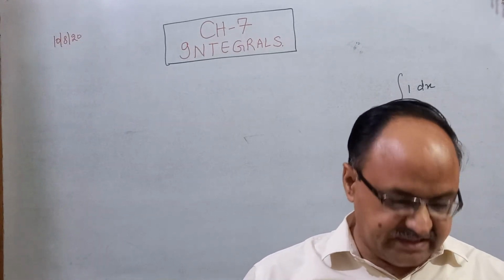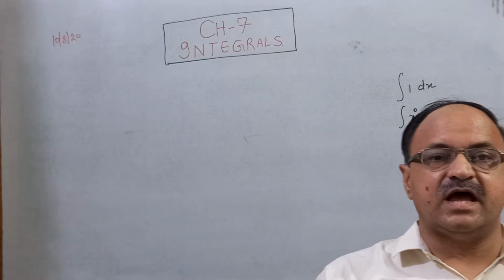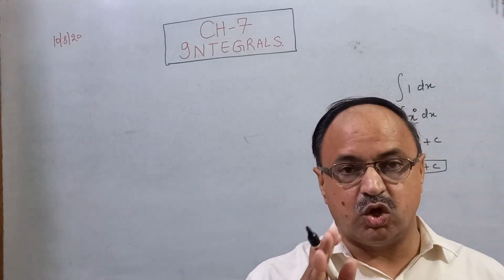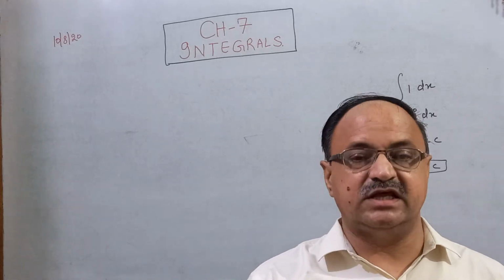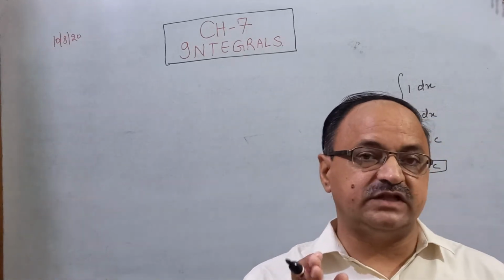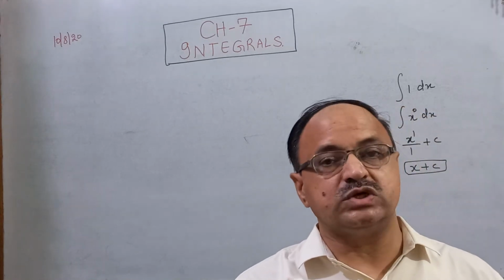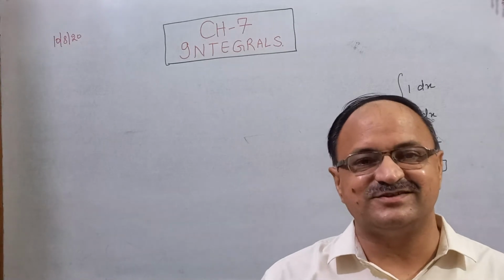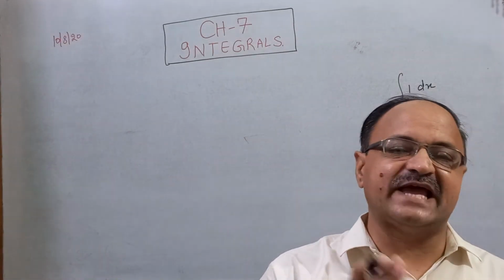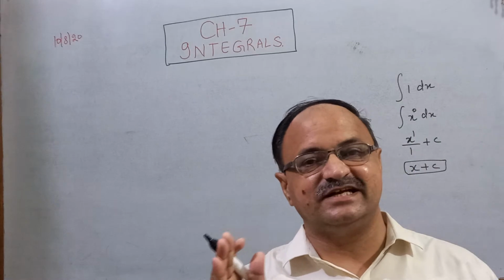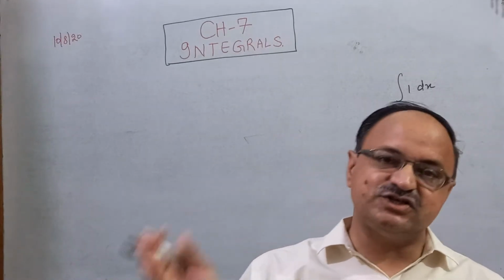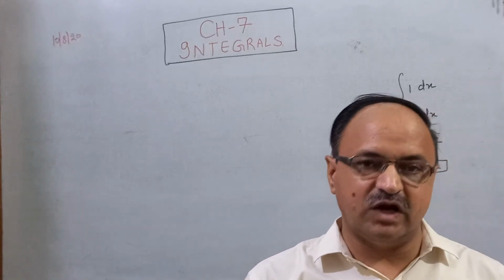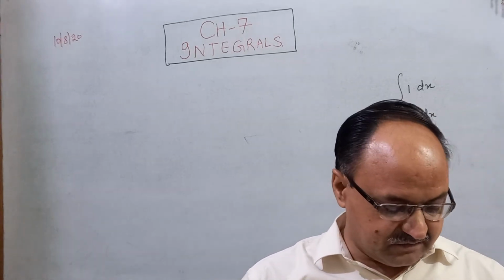And the derivative of cot x is minus cosec square x, therefore the integration of minus cosec square x is cot x, clear? So simple. And the derivative of sec x is sec x tan x, therefore the integration of sec x tan x is sec x, clear? So learn all these formulae, very easy formulae.